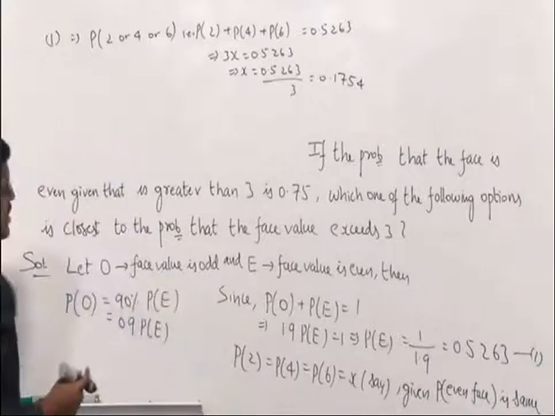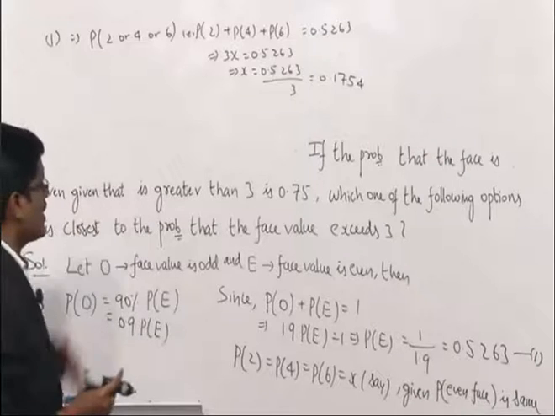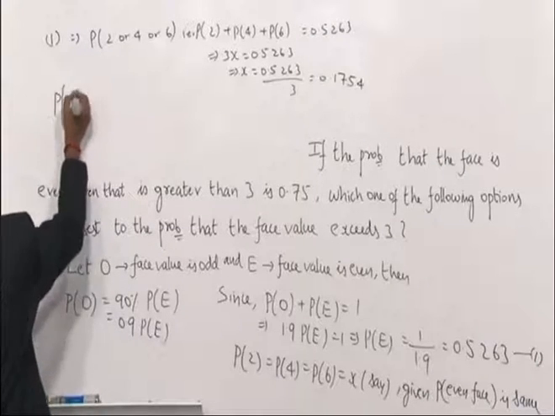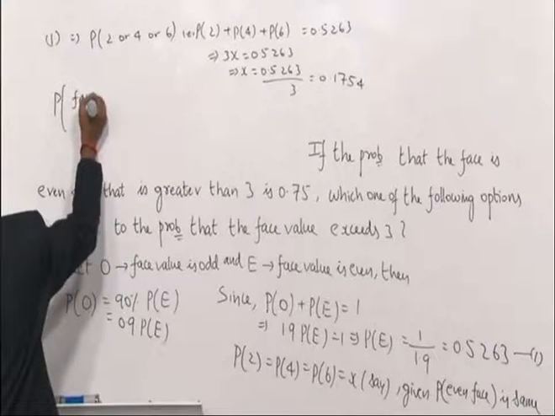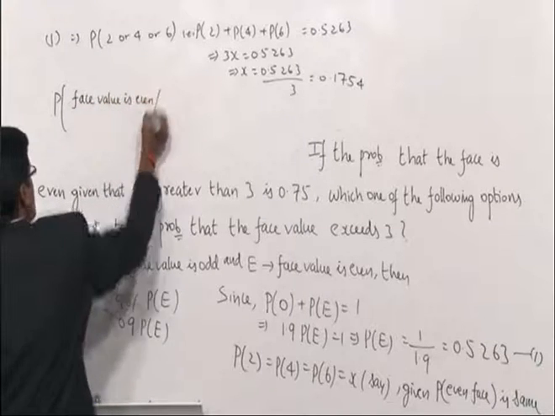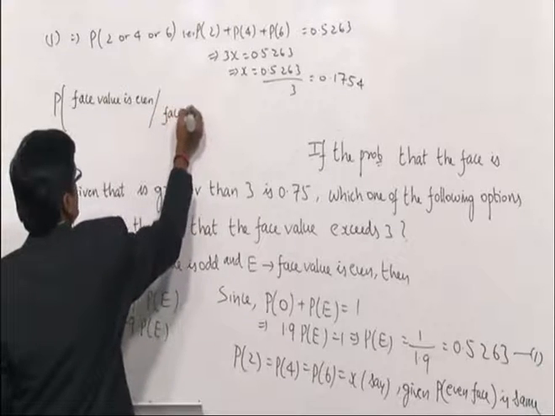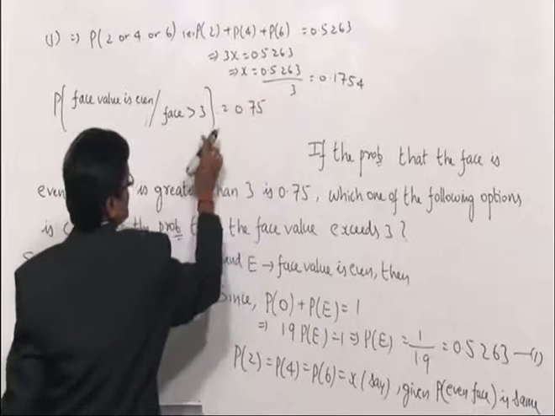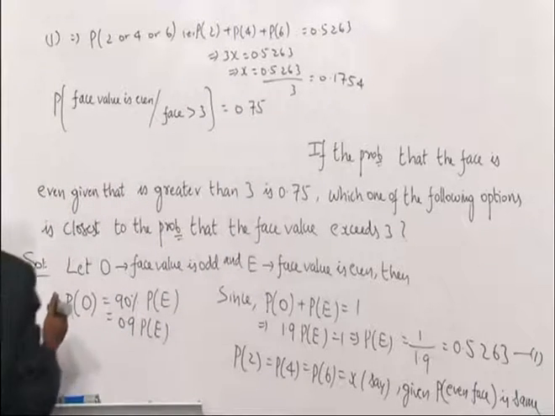And finally, what is given? The probability that the face value is even, given that it is greater than 3, is 0.75.